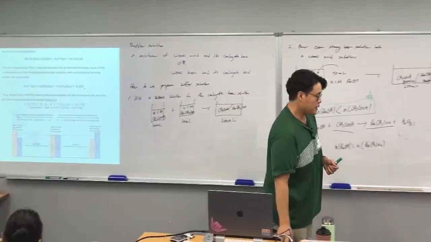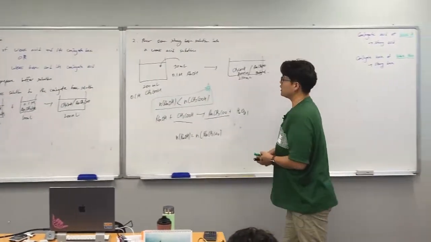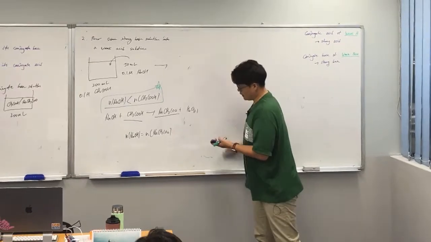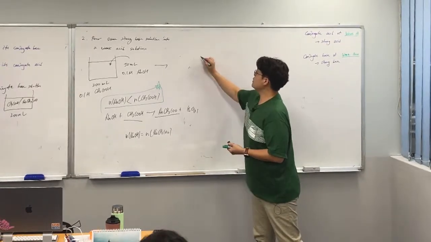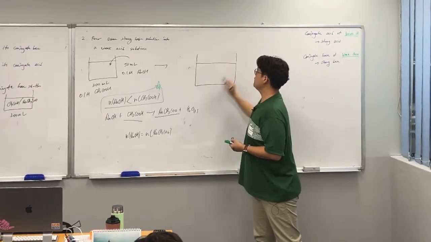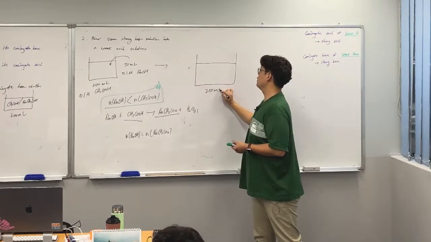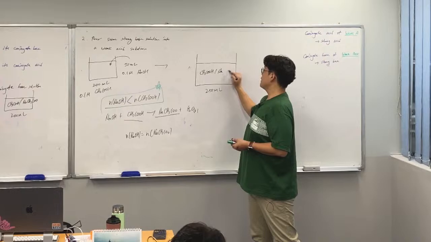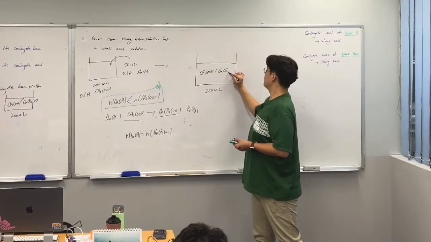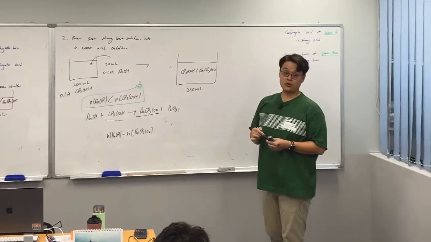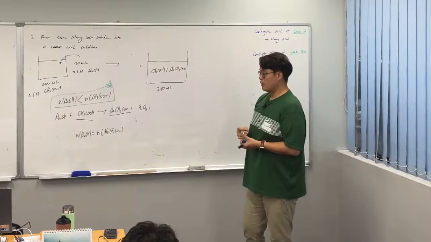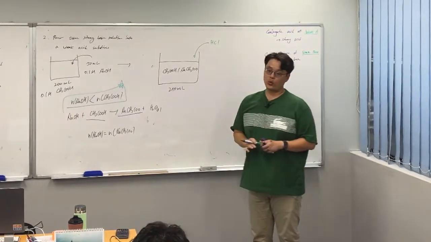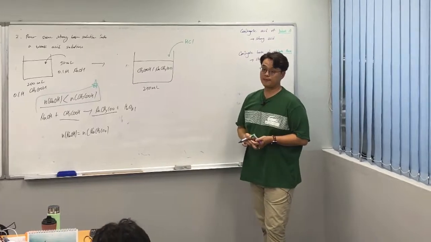Then, let's think about how the buffers function. Let me give you another example. After this, let's assume that we prepare 250 mL of acetic acid and sodium acetate, a mix of the two. Now think about what happens when we add some hydrochloric acid, or have an invasion of hydrochloric acid.